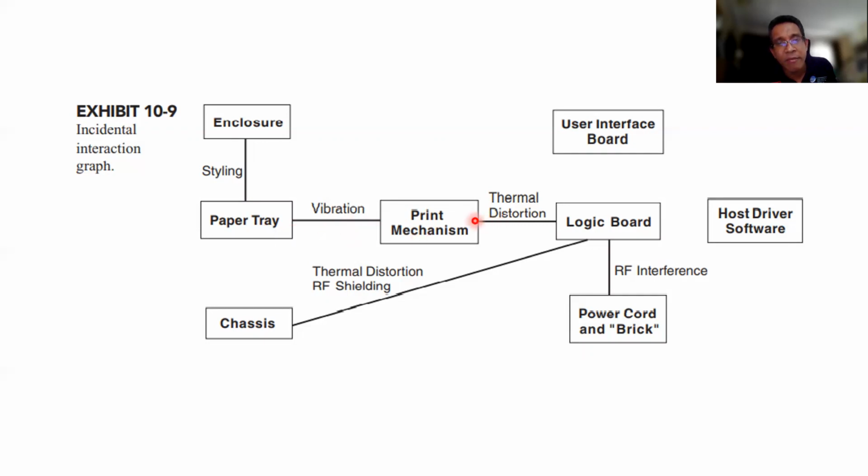And then when printing begins, there is thermal distortion. So they give an input. This needs to communicate with the RF interface logic board, and nowadays they have machine learning technologies. So when something happens, the machine can react based on the condition that happens inside the environment.